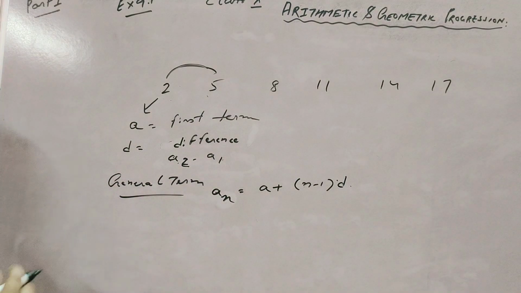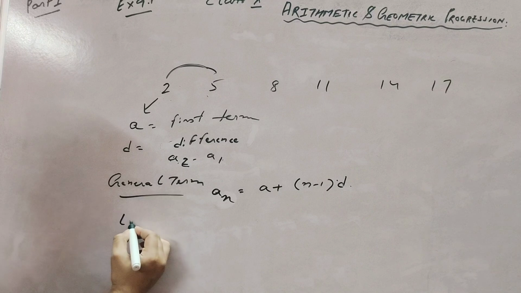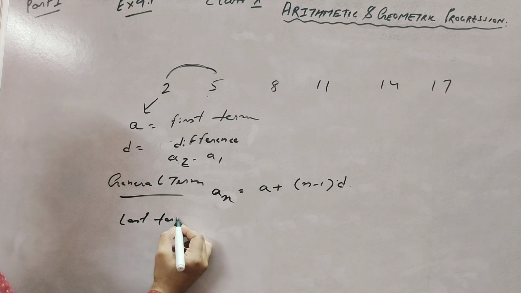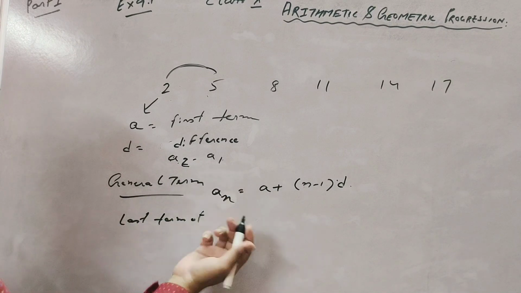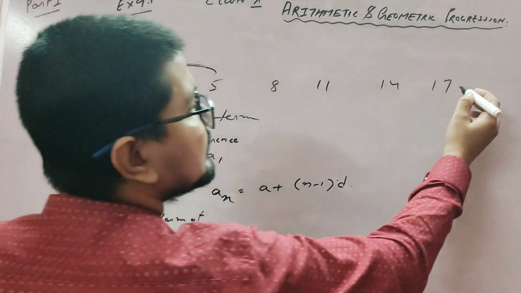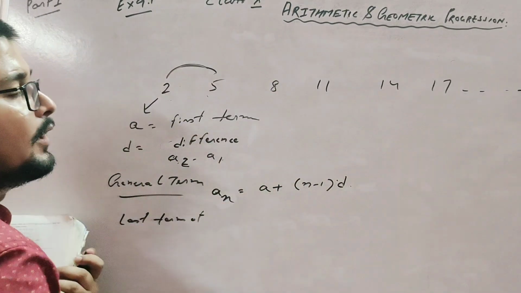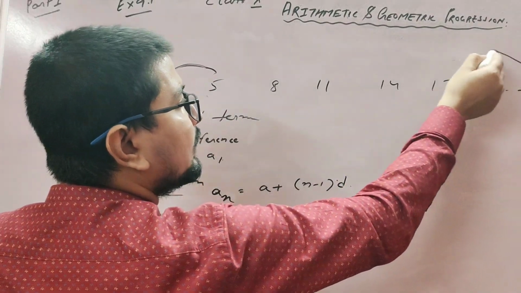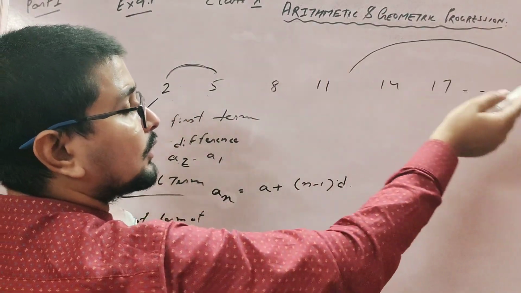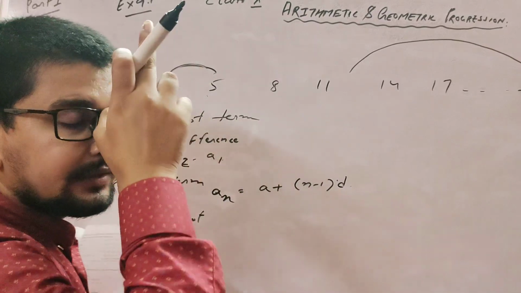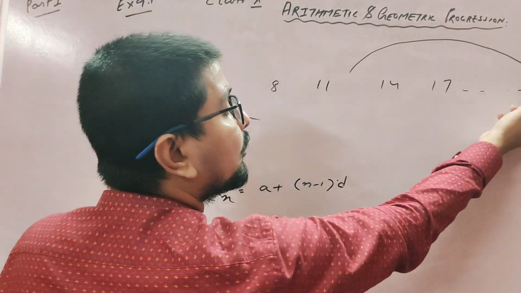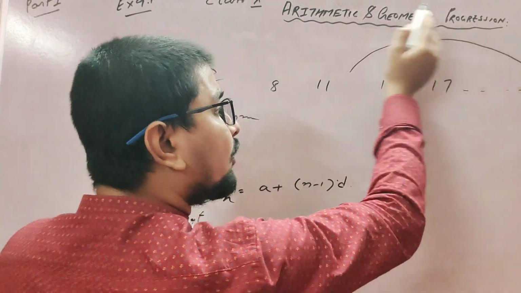Suppose the last term of a finite AP is given in the question, say 200. So from the last term you calculate the third term or the fourth term from the last. The question clearly mentions to calculate the third term or fourth term or 50th term, whatever, from the last term.